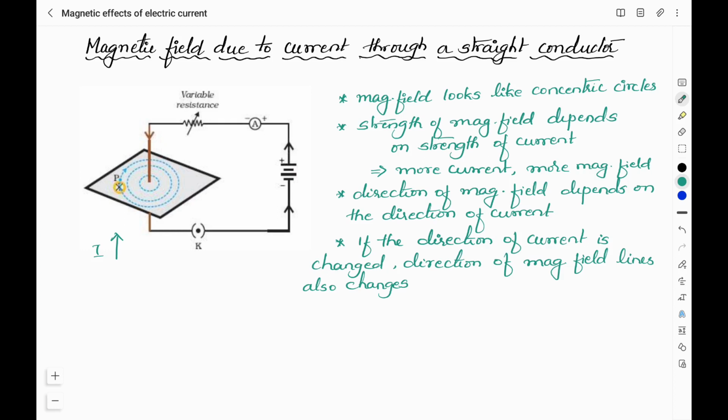So here the direction of magnetic field lines is given by the right hand thumb rule.